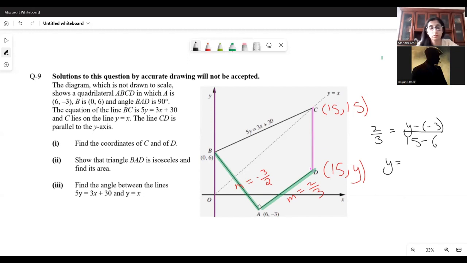Miss, y is equal to 3. Therefore 15 comma 3. So the coordinates of D are 15 comma 3. That's right.